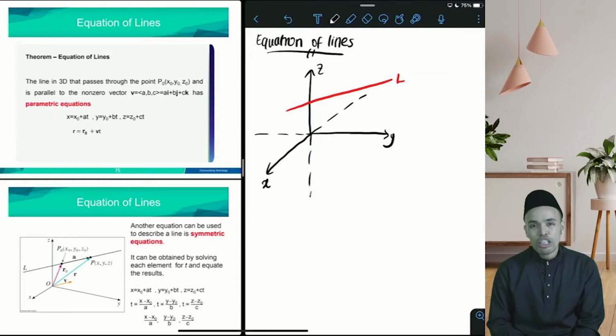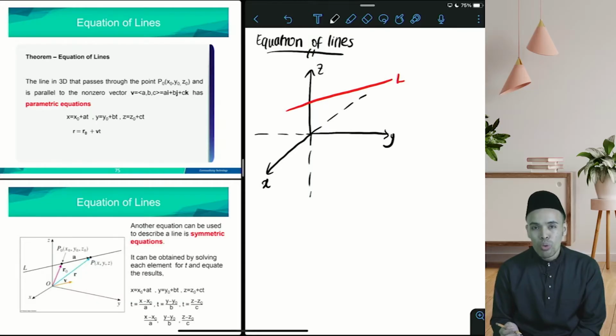But in this video, I would like to tell each and every one of you how the formula is formed, because if you understand the formula, you should be able to solve problems related to lines in three and two-dimensional coordinate systems.